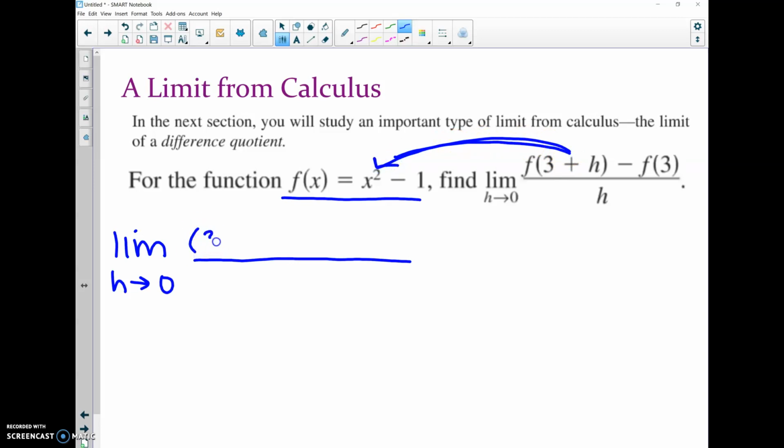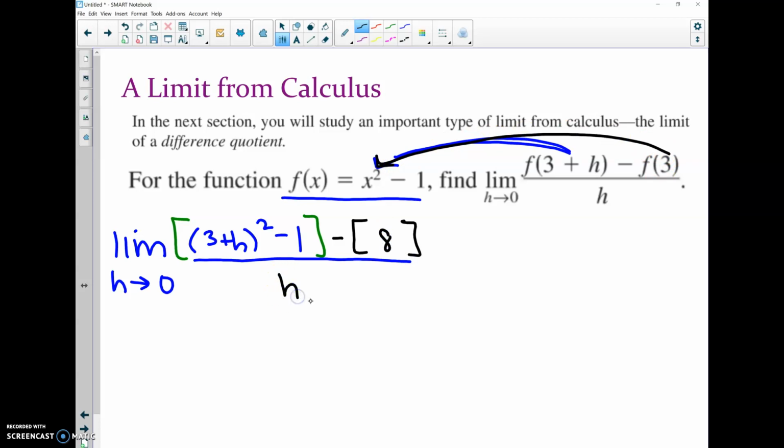So 3 plus h squared minus 1. That's my first one. I'm going to put it in a box. That's my f of 3 plus h minus f of 3. What is f of 3? Well, 3 squared, 9, minus 1 is 8, all over h.